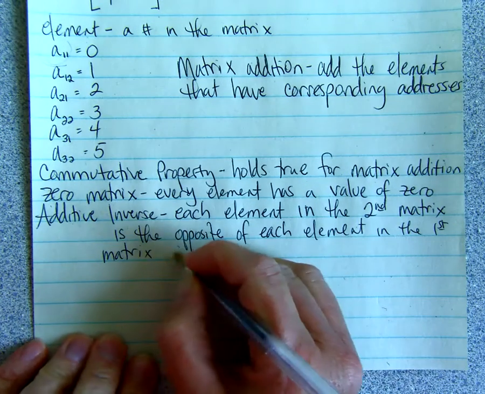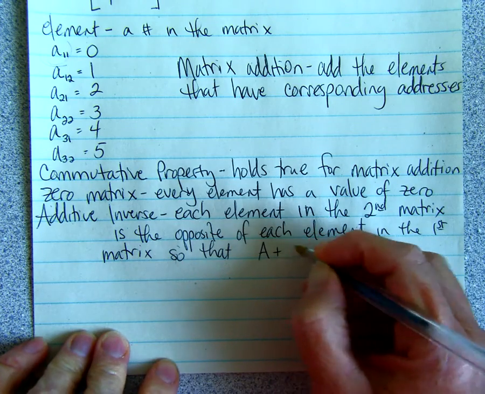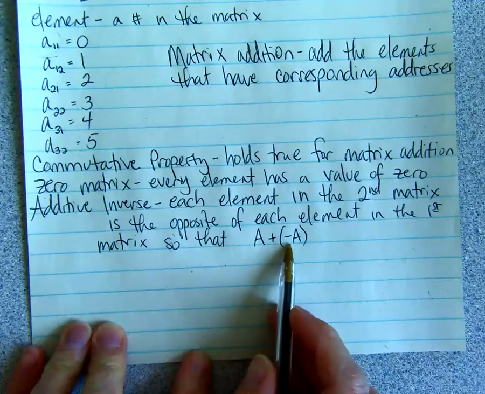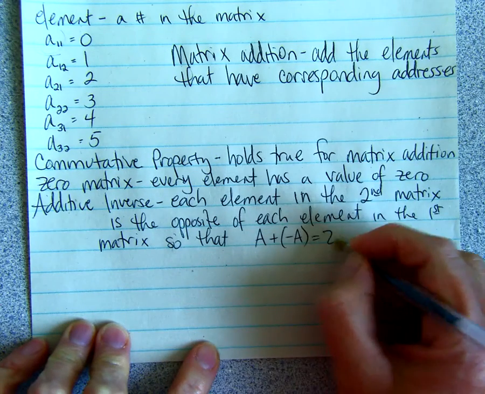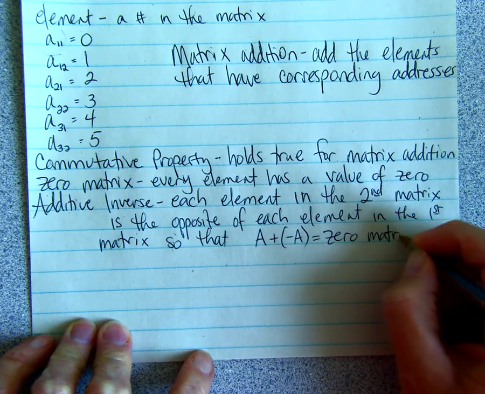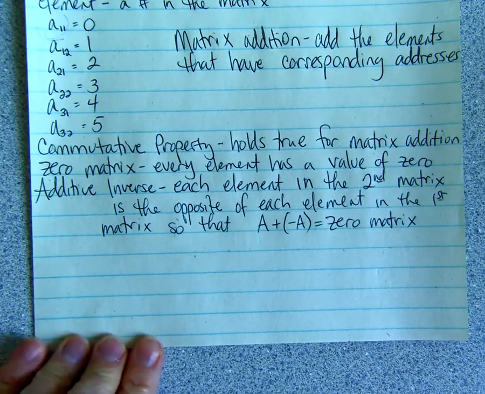So that if you add them together, so if you have A plus, and we call this negative A because each element will be the opposite, you're going to get the zero matrix. Every element will be 0. Those two matrices are additive inverses of each other.